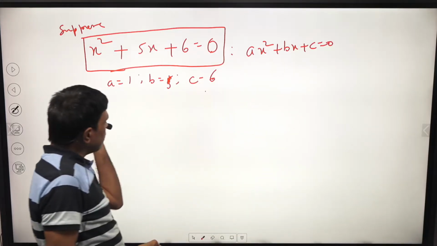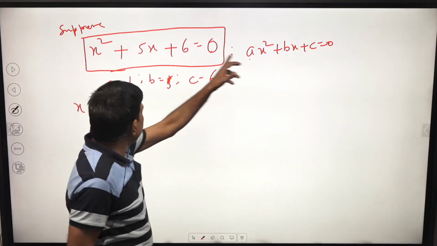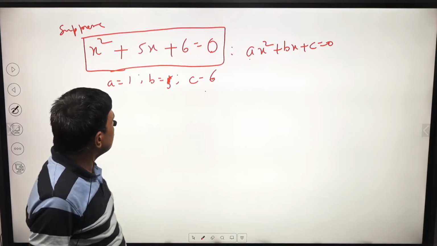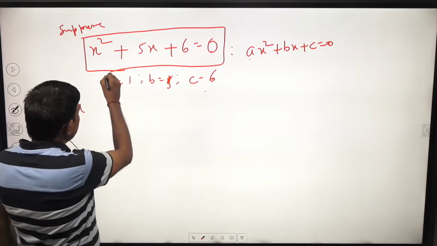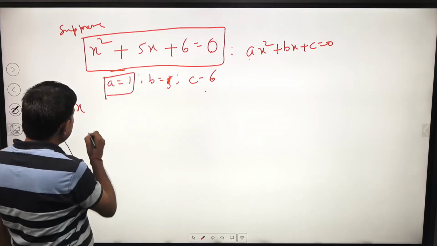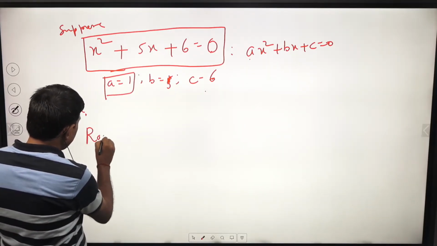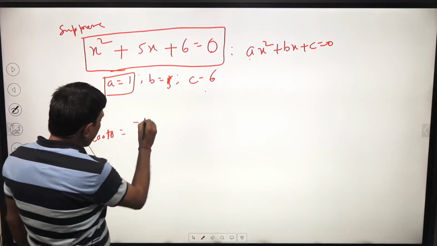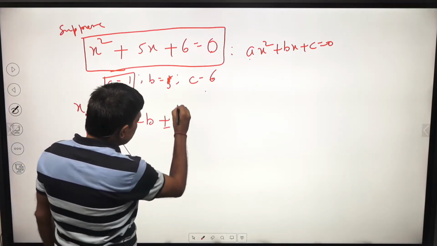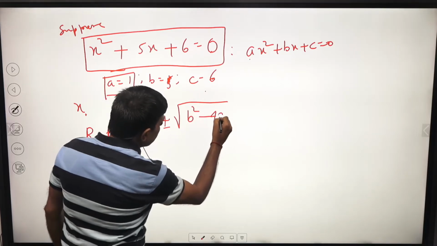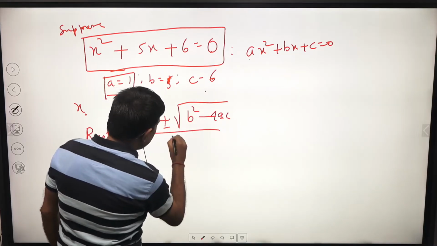So here a is 1, b is 5 and c is 6. So the root is minus b plus minus root under b square minus 4ac upon 2a.